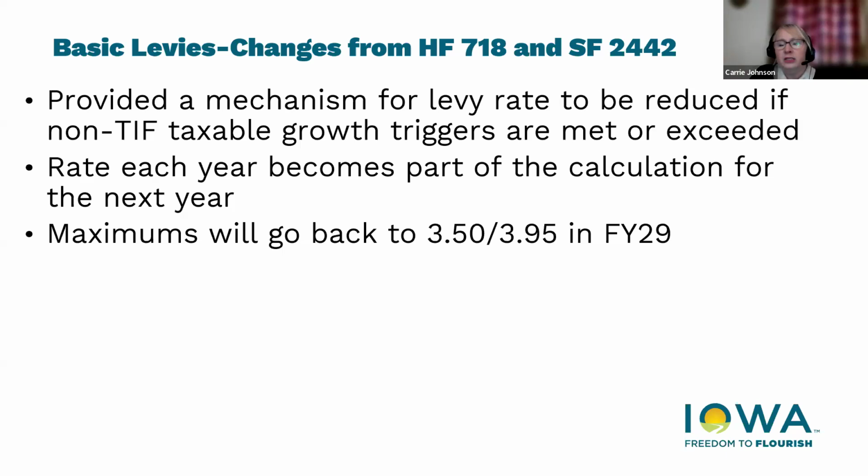So if you met or exceeded certain percentages of growth, then your ability to capture that growth would be reduced. And so again, as I mentioned, the rate each year becomes part of the calculation for the next year. And the way the current legislation that's in law now reads is that it will go back to 350 and 395 in fiscal year 29.